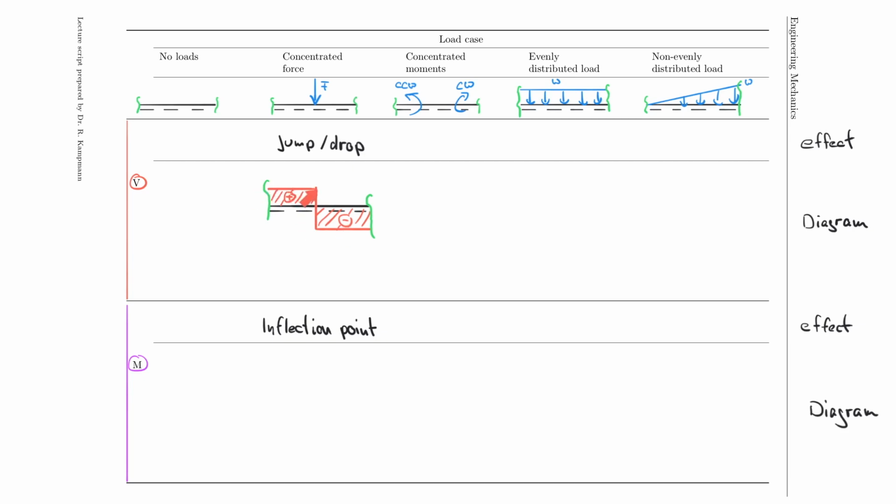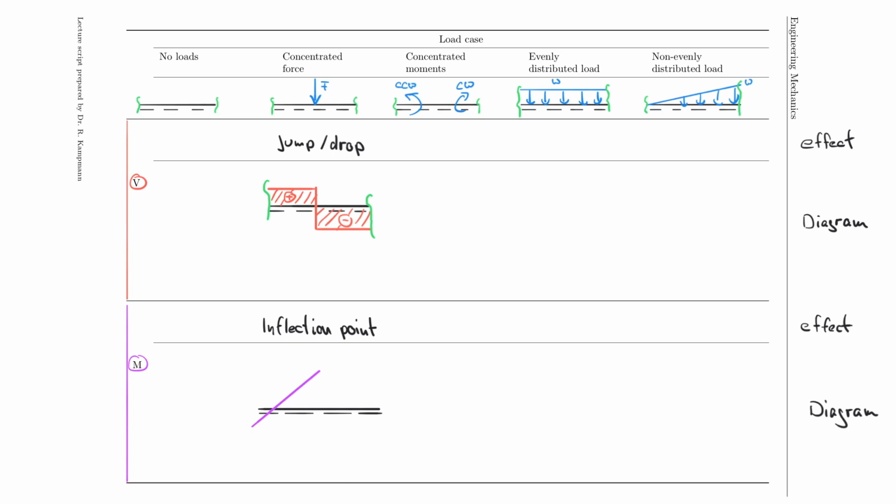Sometimes it's from positive to lesser positive or from positive to more positive. It really doesn't matter. What ends up to be the case at all times is that you end up with an inflection point. And so if I want to symbolize that for this case here, let's just say that I have something that goes up here on the left side and then goes down on the right side.